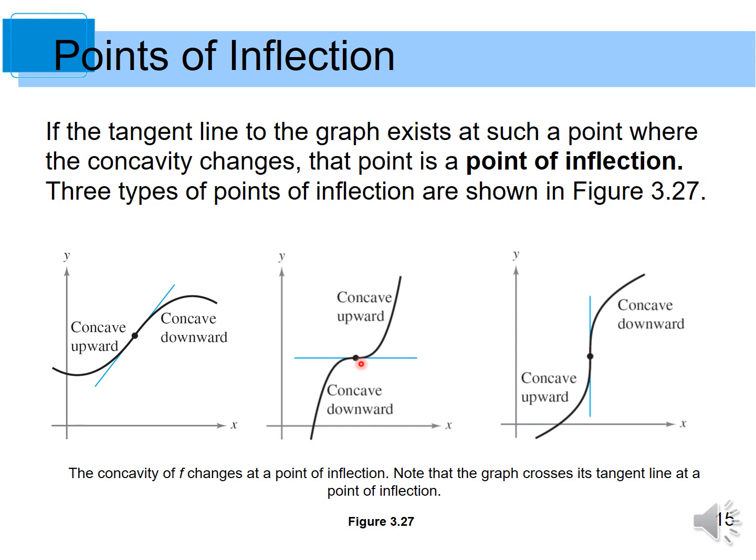This is because the upper part is concave upward, and this part is concave downward. And for the third, look at this curve. This part is concave downward, and this part is concave upward. So that is why this is a point of inflection, because the concavity changes.